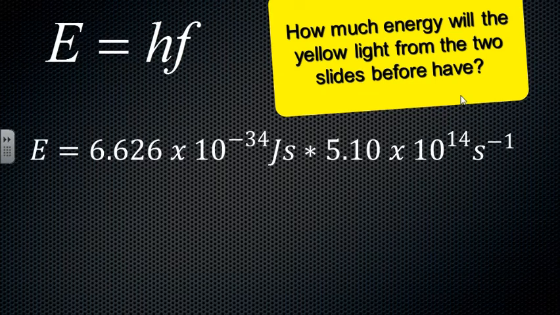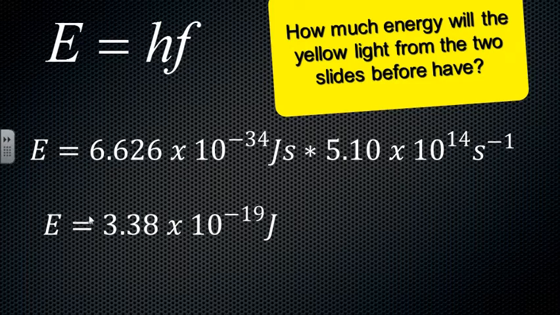Okay, rearrange it if you need to. Here, we're just going to plug it in. We have our h, which is this first number, times 5.10 times 10 to the 14th per second. All right, now seconds actually cancel out because this is in the denominator. So this is what we should get for an answer.